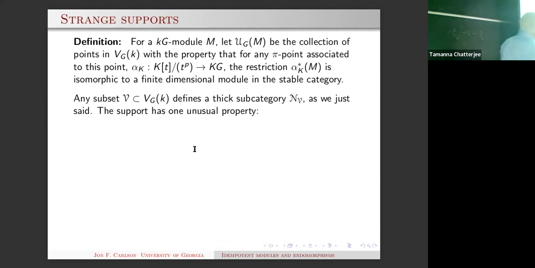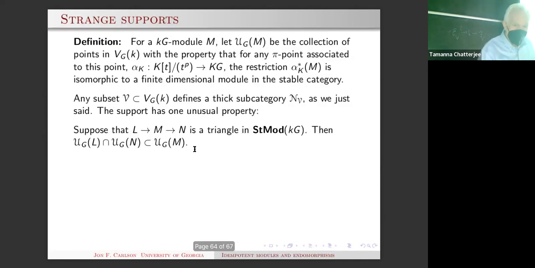Any subset like this defines a thick subcategory again. It does have one unusual property, which I will point out. If I've got a triangle, then the intersection of this U of M and N is contained in the support, whatever you call it, locus of the M in the middle.